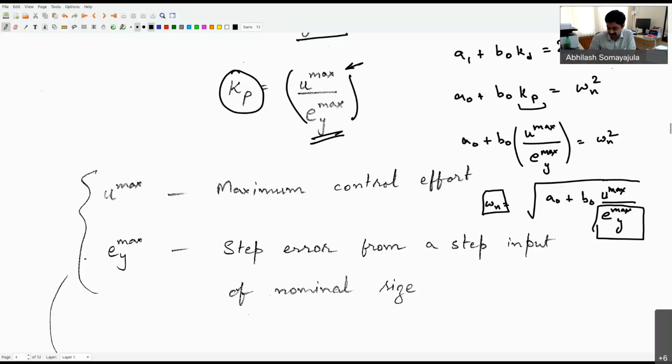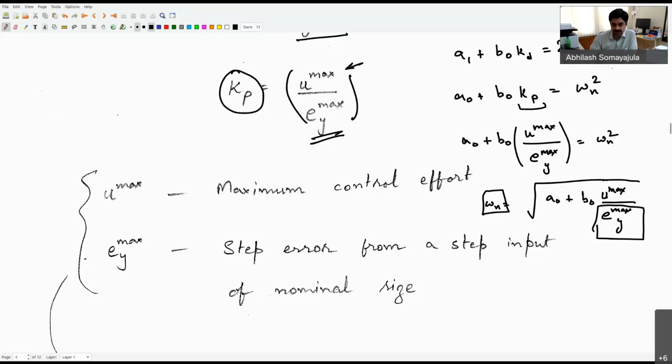The rudder can at max change at about 2.5 degrees per second speed. But I can't command my control system to suddenly produce 10 degrees per second. Even though I may ask it to do that, we know that it will not be able to do it. So it's a bad design in that sense. So typically you want this omega n to be as high as possible, but should be lesser than how fast your rudder can operate.